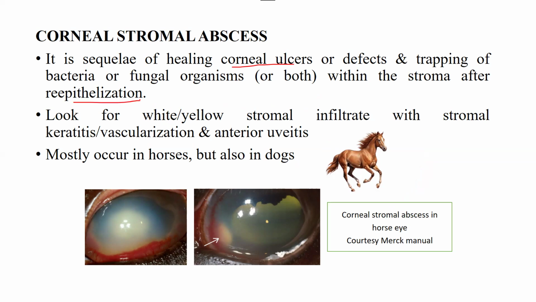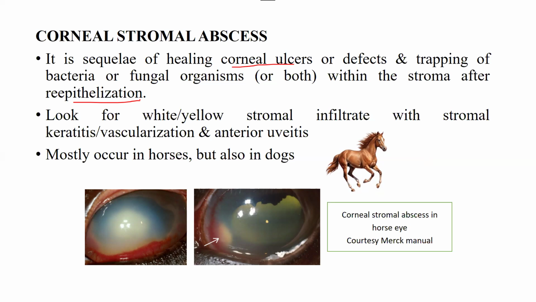So the scenario here is that there was an ulcer, or any defect, that started to heal in the eye, but in that healing process, the bacteria or fungus or both get entrapped in that inner area of the eye, and because of that the stromal abscess starts to form inside the cornea. So basically it is a sequela of healing corneal ulcers.